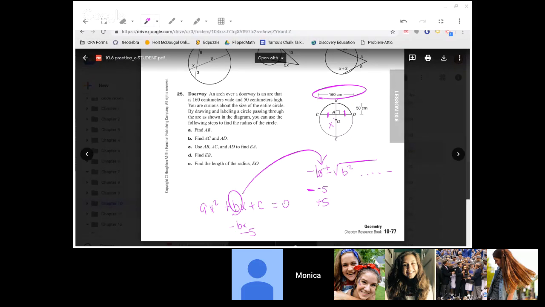So you'll be able to take that 160 and divide it by 2. Does that make sense now, Lily?